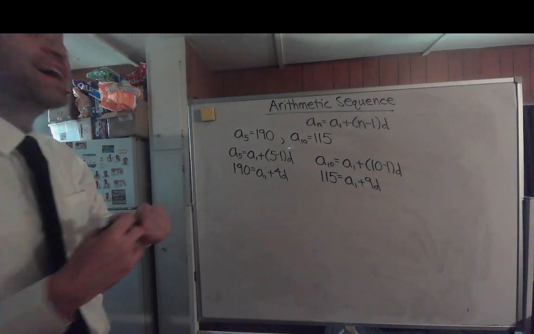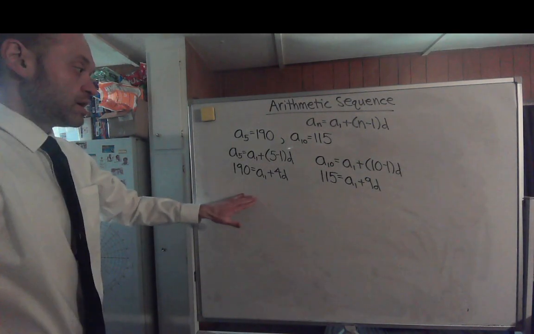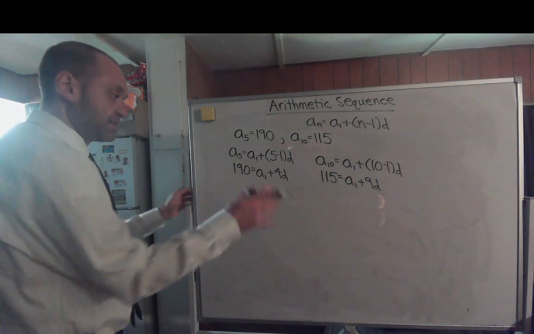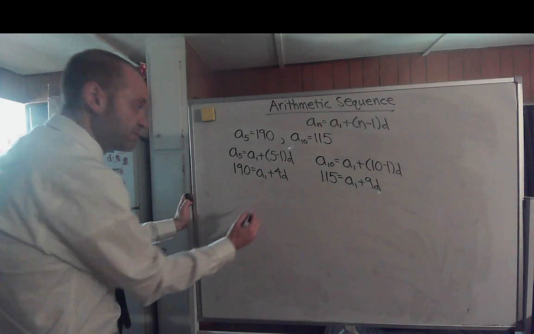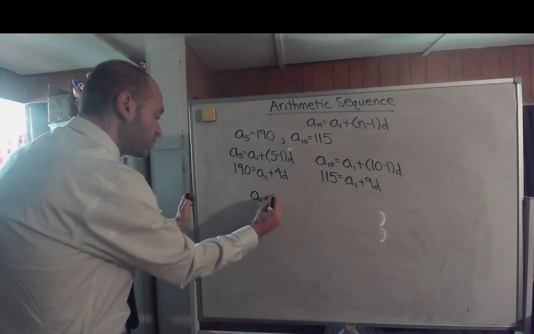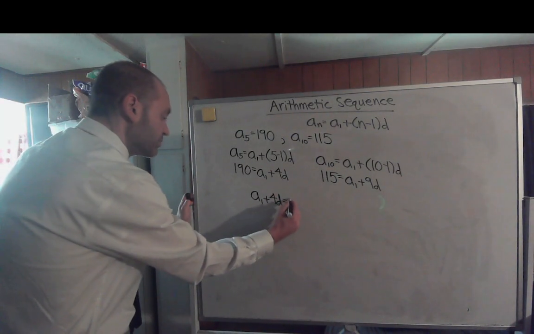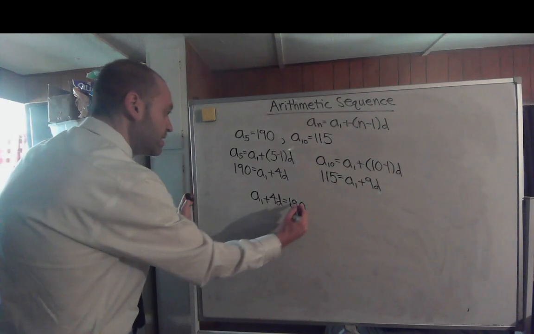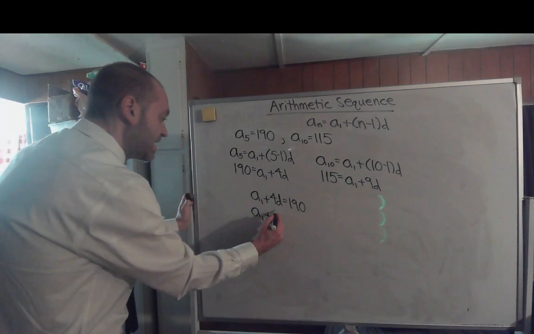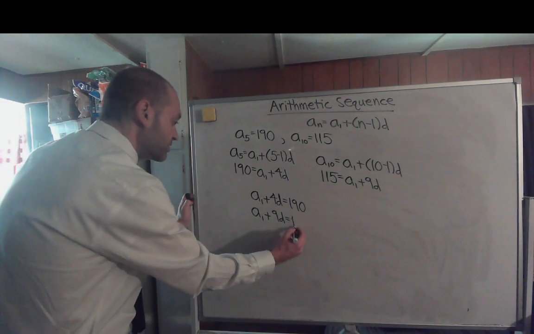Not 90, 9d. Now I think you see where the system formed. So let's set up the system of equations. You'll have a sub 1 plus 4d equals 190, and then you'll have a sub 1 plus 9d equals 115.